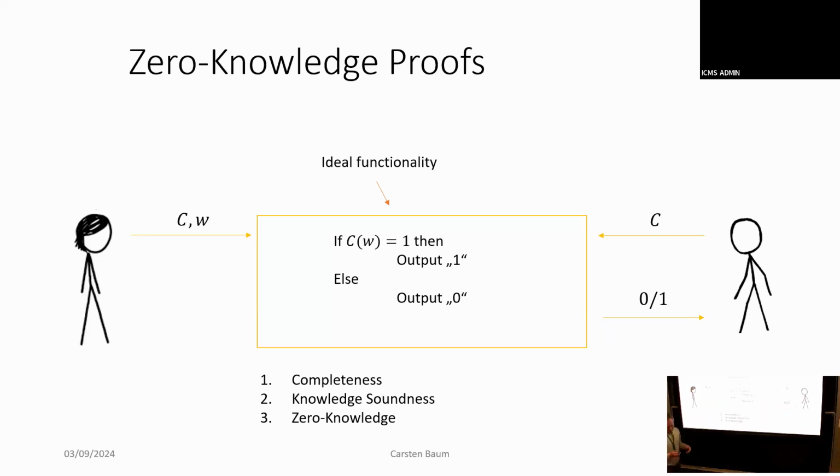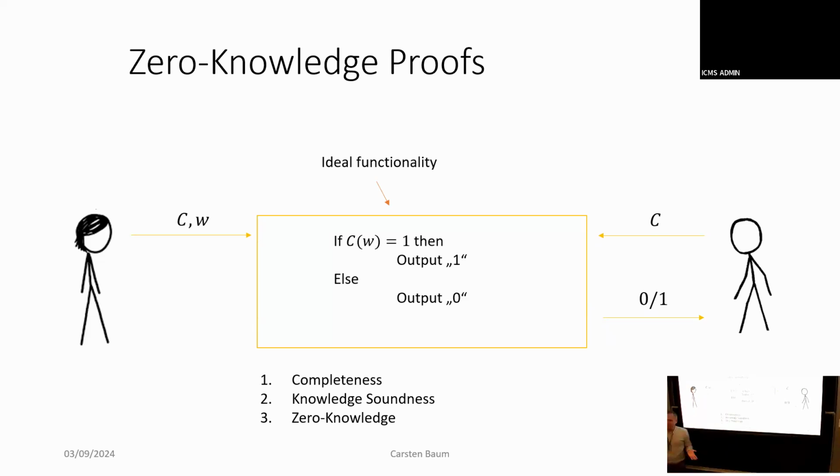And then the magic box is going to say, I'll evaluate the circuit on this witness, and if it outputs 1, I'll output 1, otherwise I'll output 0. And then I give that output to Bob. So Alice has the guarantee that this is what the functionality is going to output to Bob, and Bob knows that's all Alice gets there.